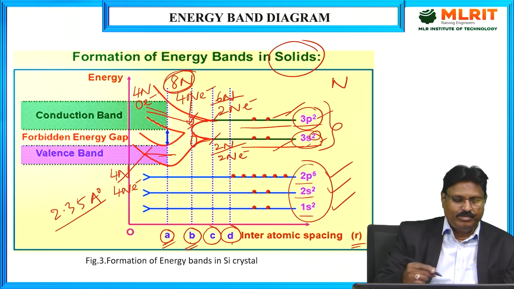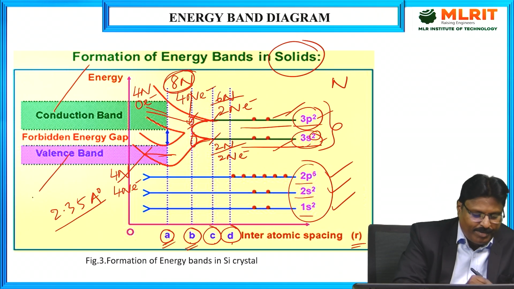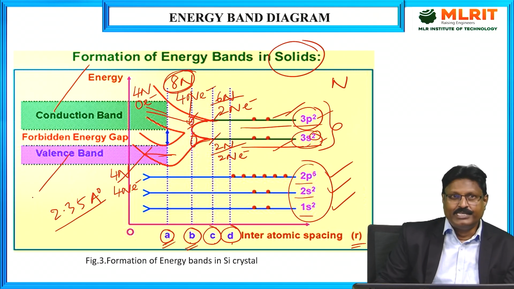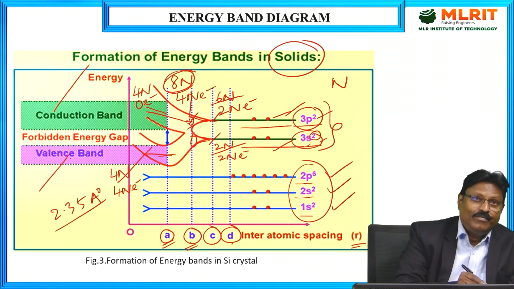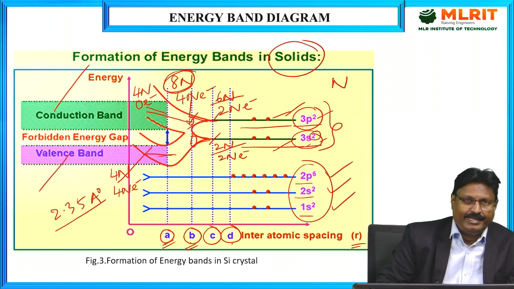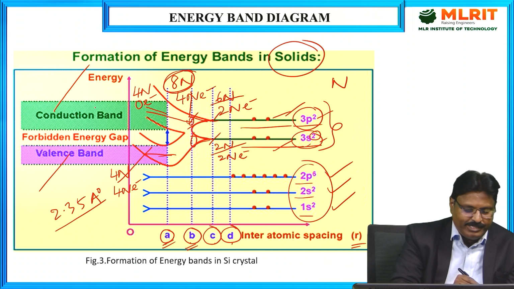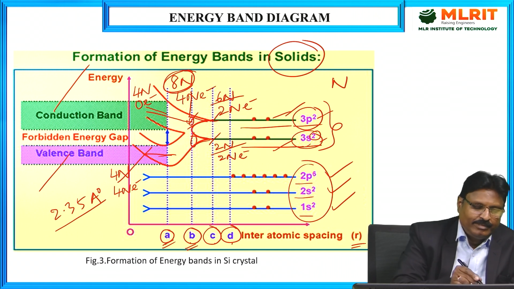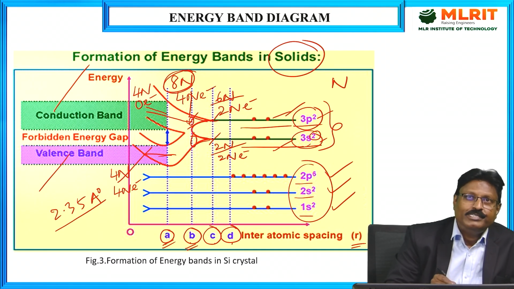This upper band I am calling the conduction band, and the lower band the valence band. The valence band always contains electrons filled by the valence electrons, whereas the conduction band is empty at the beginning. In this way the energy band is formed inside a solid.